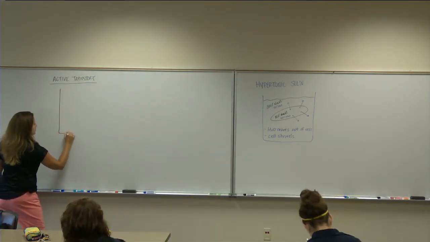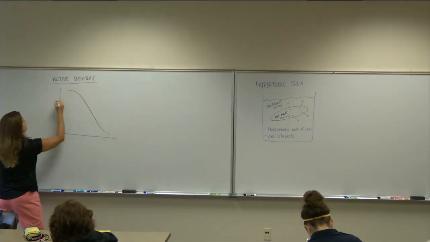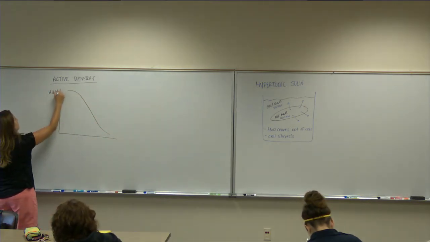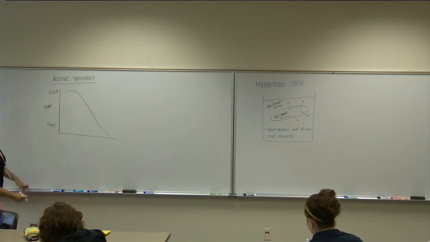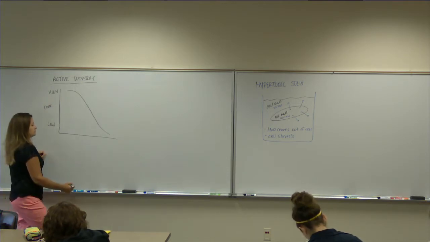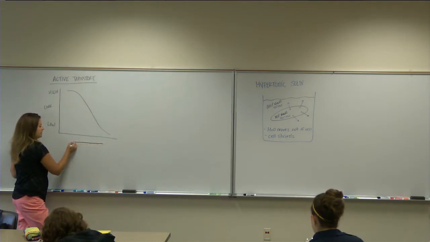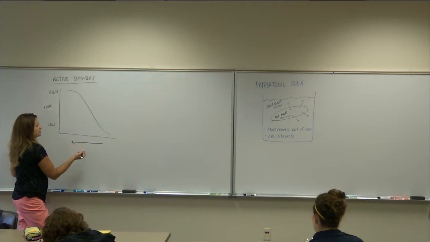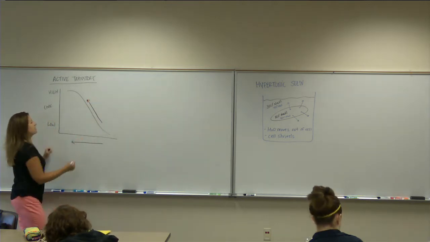Let's draw the same slope. This is concentration, high concentration at the top, low concentration at the bottom. We're going to move backwards this time. Probably should have drawn the slope in the other direction, but regardless, we're going to go up the hill this time.